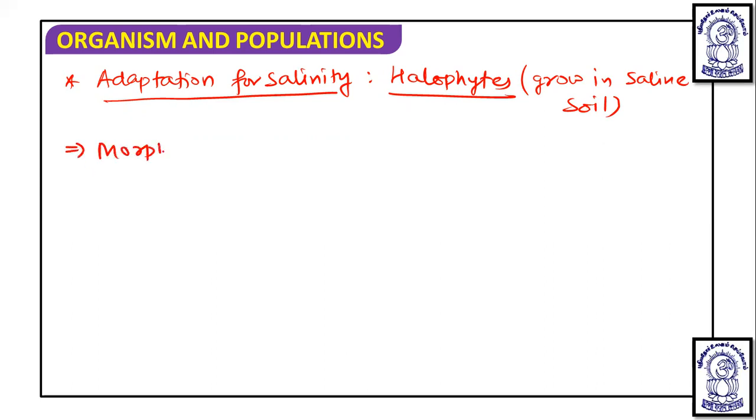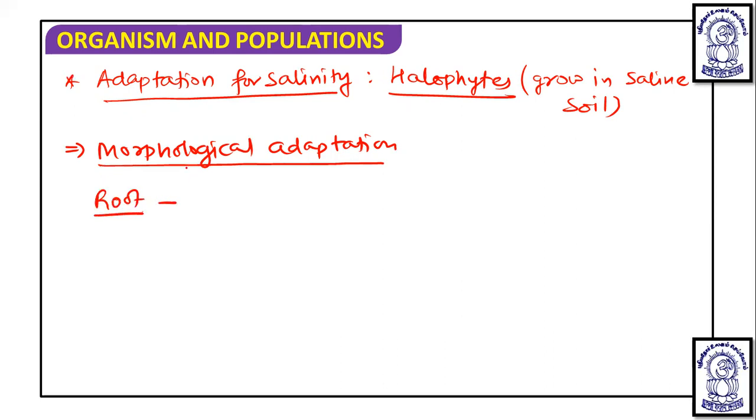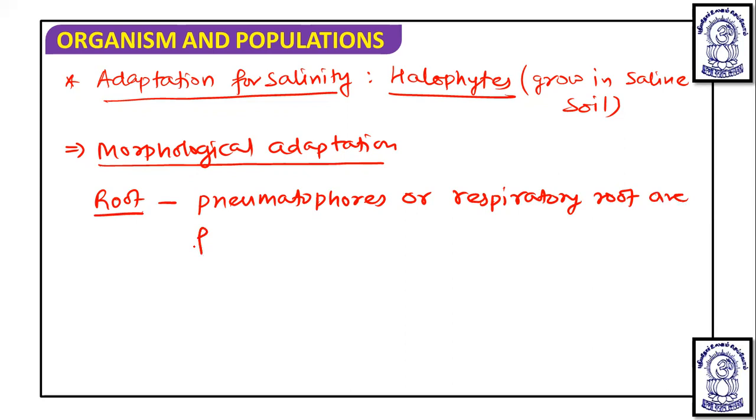Now, if we talk about the morphological adaptation of halophytes, you will see that if we talk about the root, the pneumatophores or respiratory roots are found in mangroves.